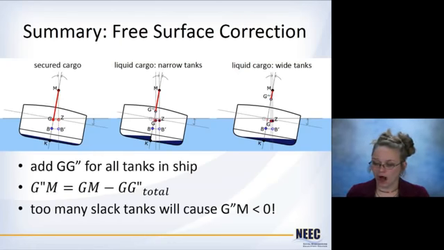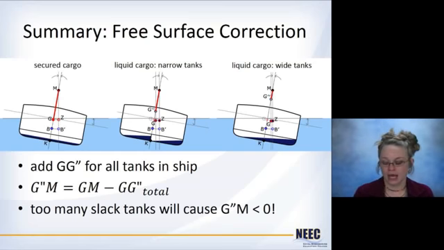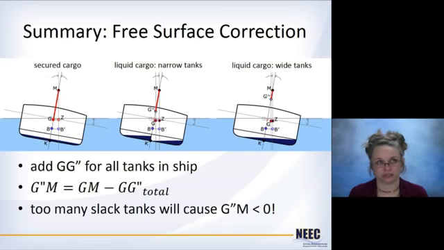When you are looking at all of the tanks on your ship, to find the full free surface correction, you take all the individual free surface corrections, those G double primes, for each of the tanks on your ship, and just add them all up. Then you take the sum of that and subtract it from your original GM, the original measure of your initial stability.